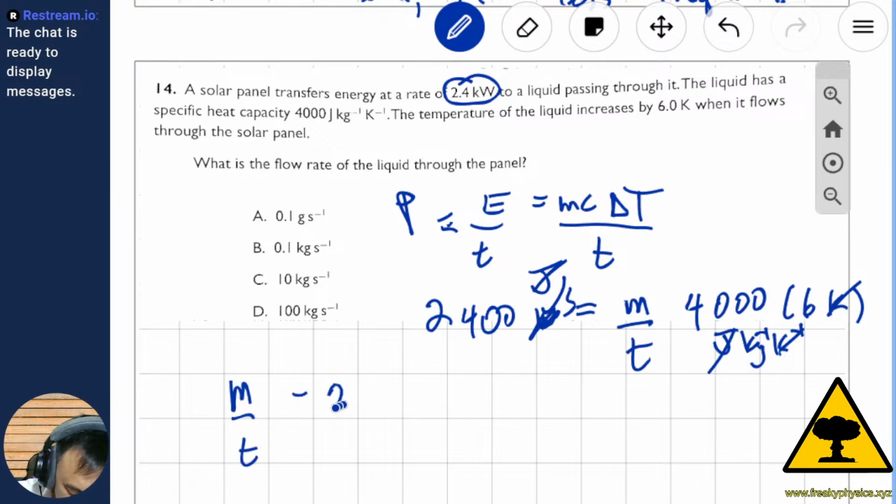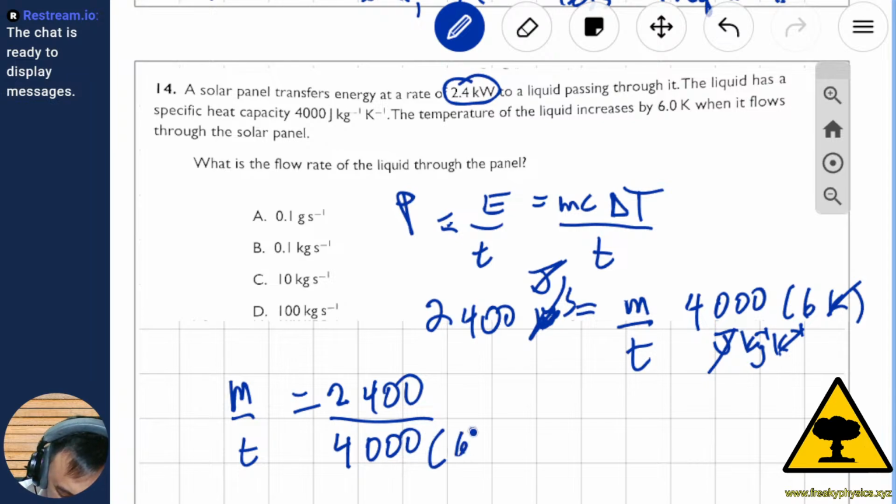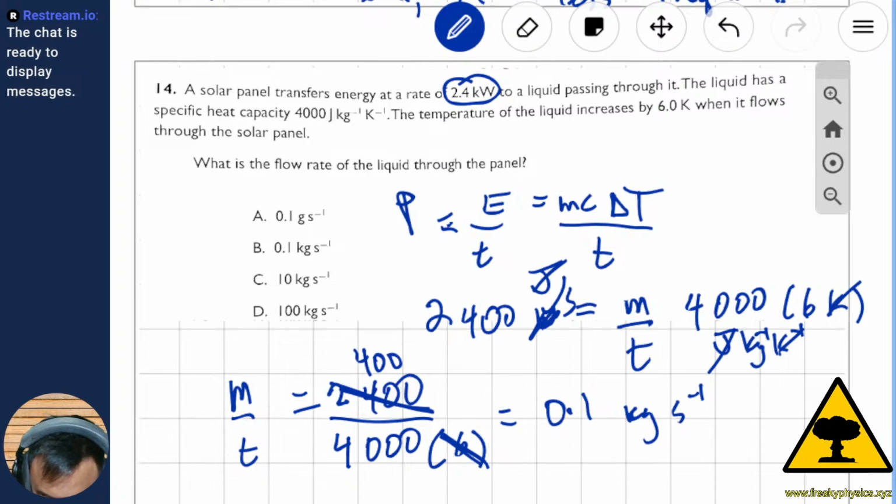It is going to be equal to 2,400 divided by 4,000 times 6. Since there's no calculator, this should be easy to divide. The 6 cancels out with this, this becomes 400, right? And we can already see what the answer is. It's going to be 0.1 kilograms per second.